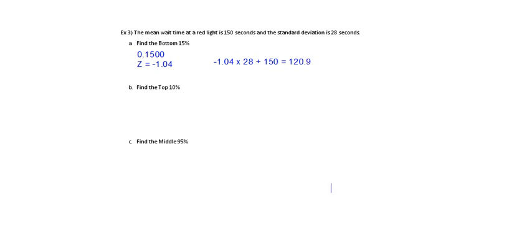All right, next is the top 10%. Remember, 10% is the same as 0.1000. But top means we have to subtract from 1. So 1 minus 0.1000 is equal to 0.9000.